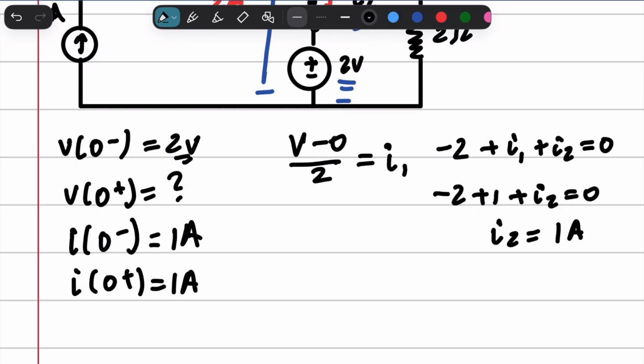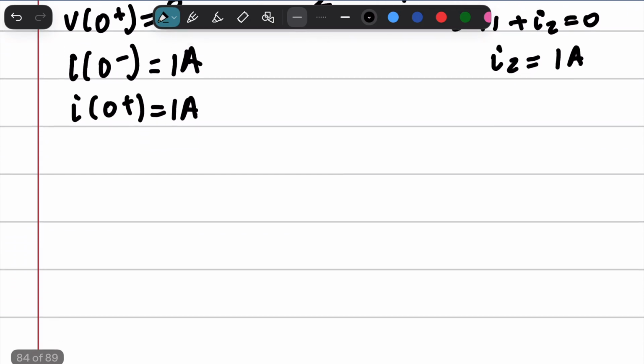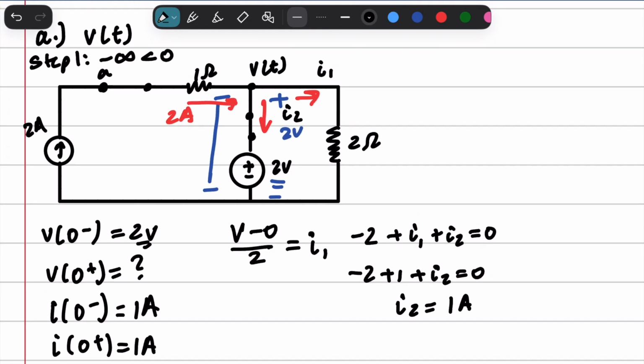And by current continuity, we can say that I of 0 minus is 1, I of 0 plus is 1 as well. So in this circuit, the negative infinity portion is actually a little more involved. So keep that in mind.